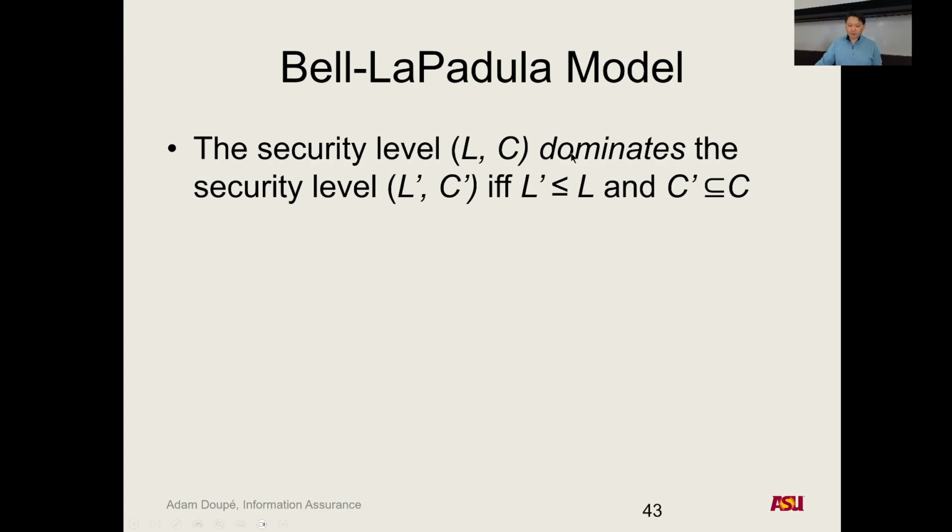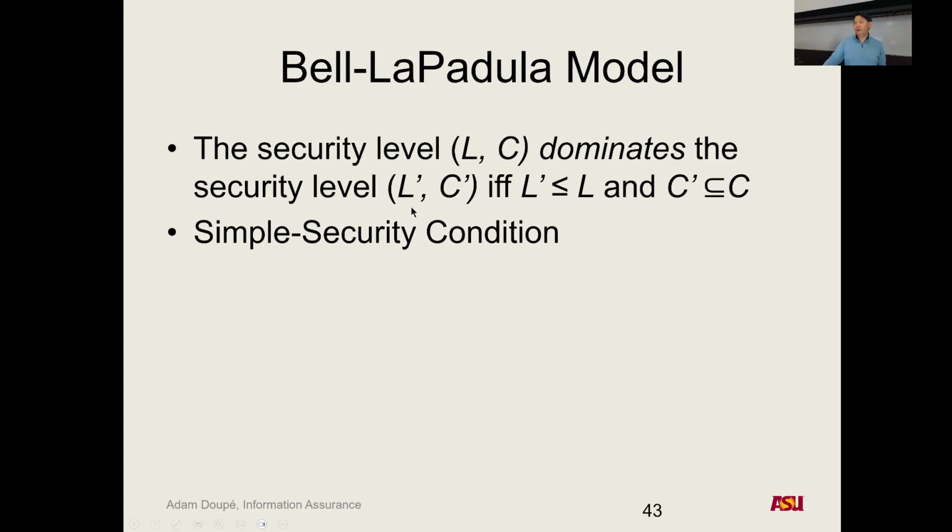In the Bell-LaPadula model, the security level L, C tuple dominates the security level L prime and C prime if L prime is less than or equal to L. L prime can be a subject and L can be an object, so the subject security level is less than or equal to the object security level.